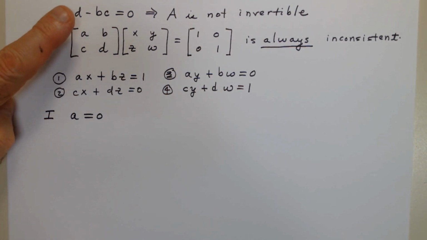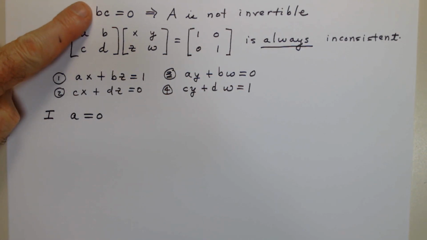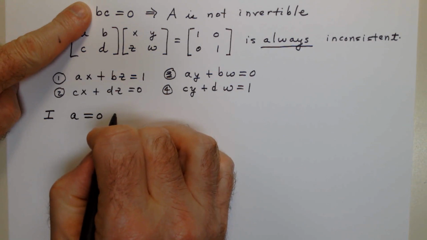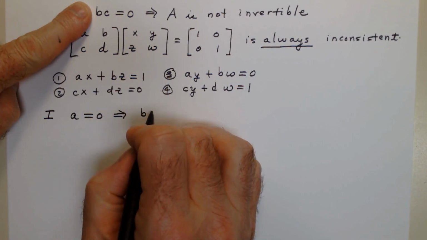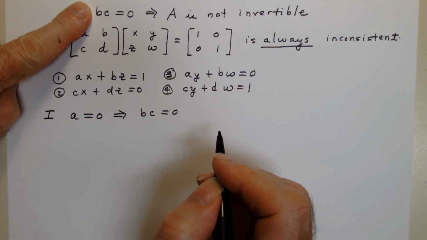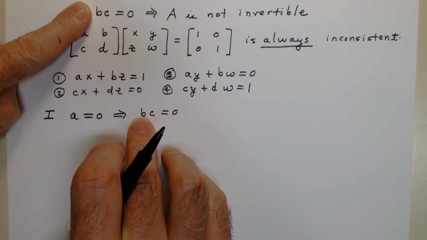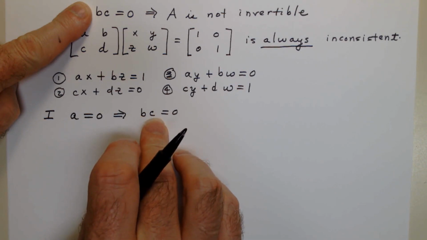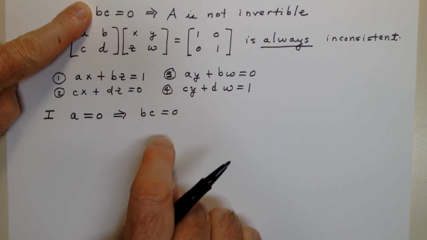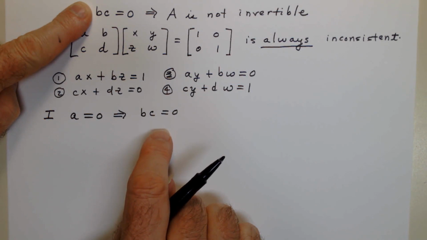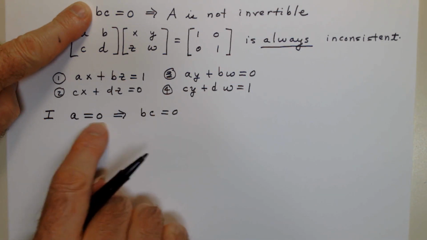Now, if a is equal to 0, then this determinant equation just says b times c is equal to 0, right? So if a is equal to 0, we know that this implies that b times c is equal to 0. And that means that either b is 0 or c is 0, possibly both, but one or the other of them has to be equal to 0. So there's really two possibilities.